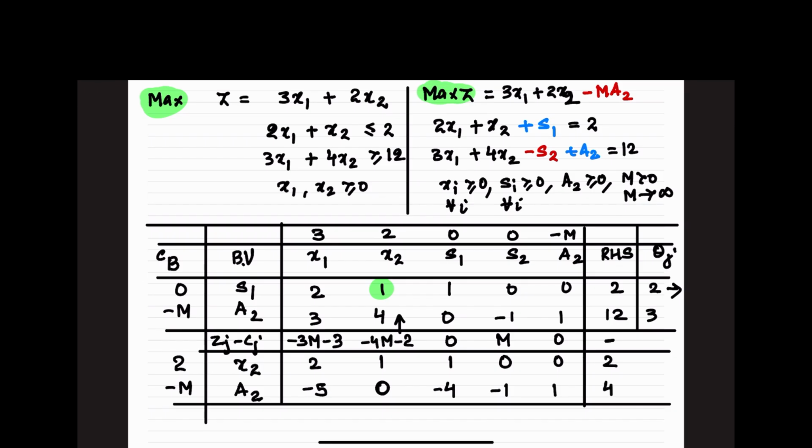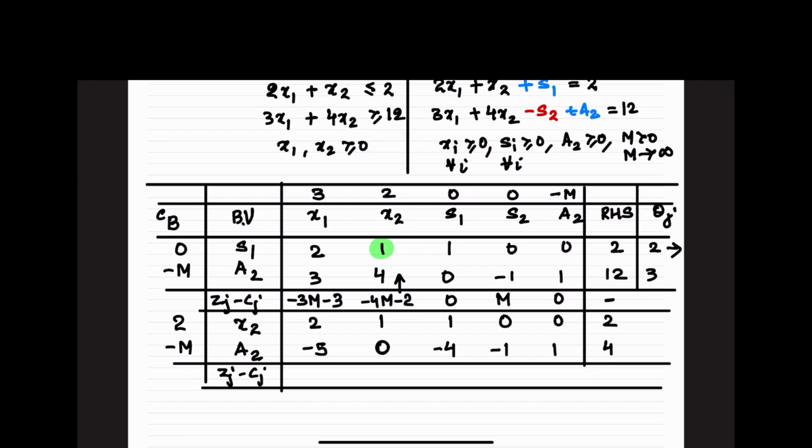So we calculate Zj minus Cj. What is the value? The value is 4, 5M plus 1. Next is 0. This is 4M plus 2. This is plus M. This is 0.